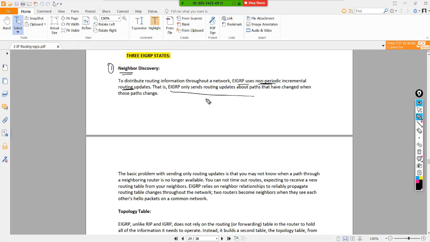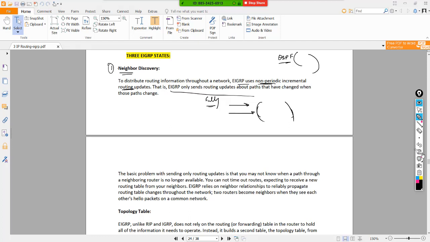That's what we discussed. They're not going to send the full routing table. It's just going to send the faulty or newly added route, the latest information, not the complete routing table. In the case of OSPF, it will send the complete routing table every time.